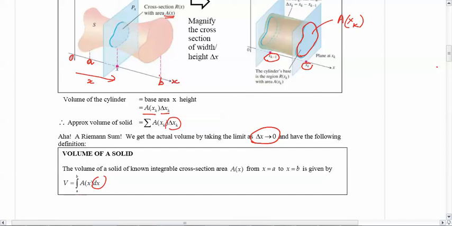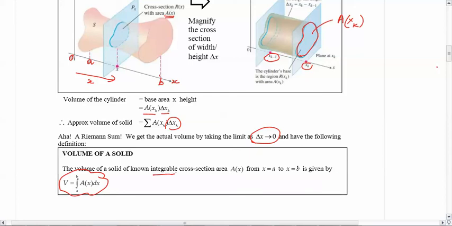So volume of a solid, here is the very nifty formula that we're going to use all in part 1 of 7.3. The volume of a solid of known integrable cross-section area, A of x from x equals a to x equals b, is given by this.